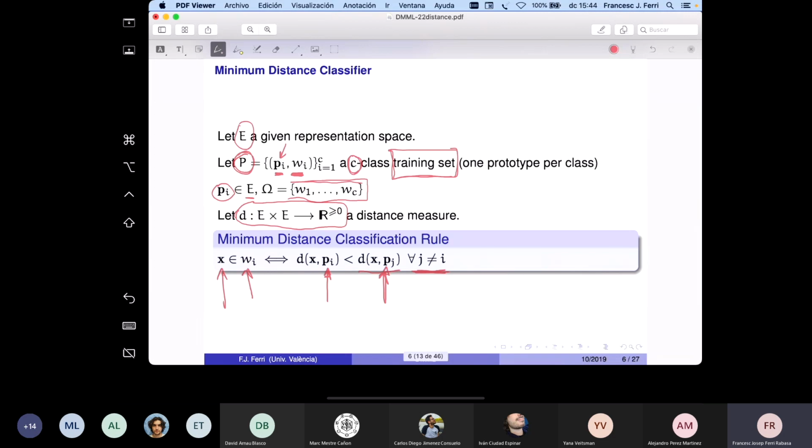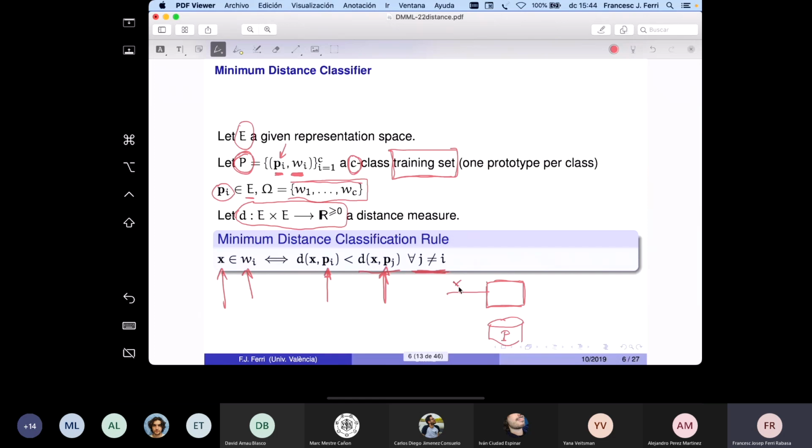This rule goes like this. We have an input. We have here our rule. We need the training set here.